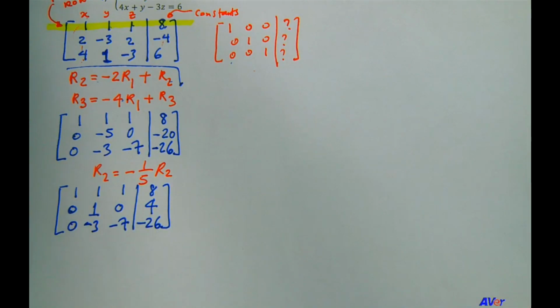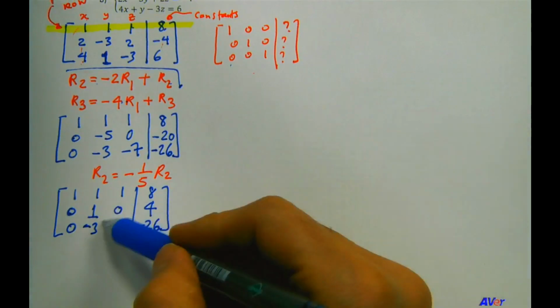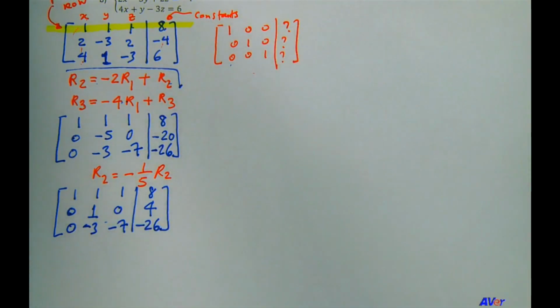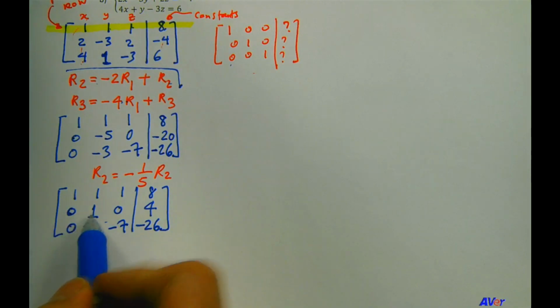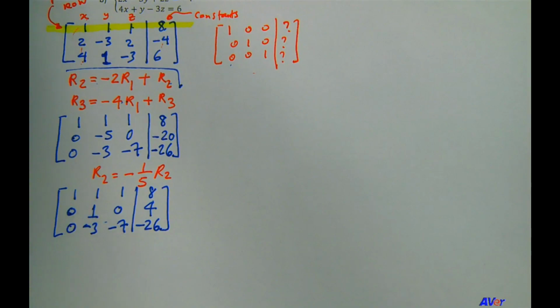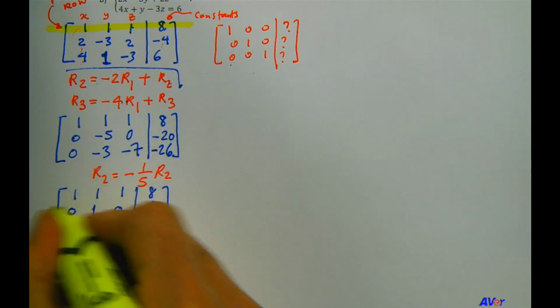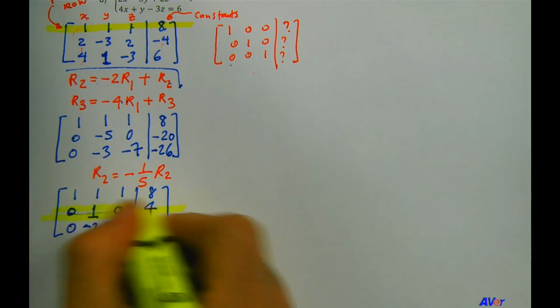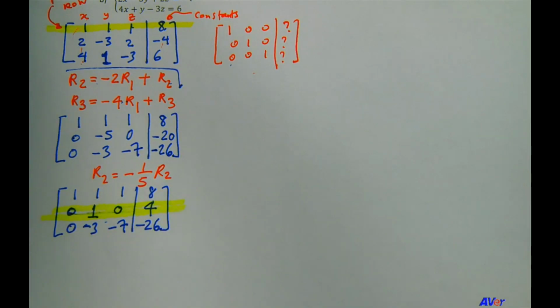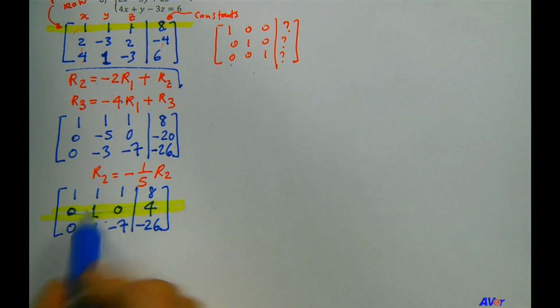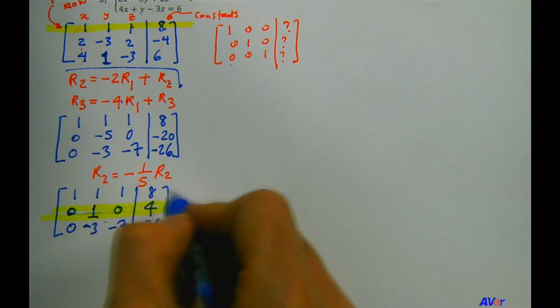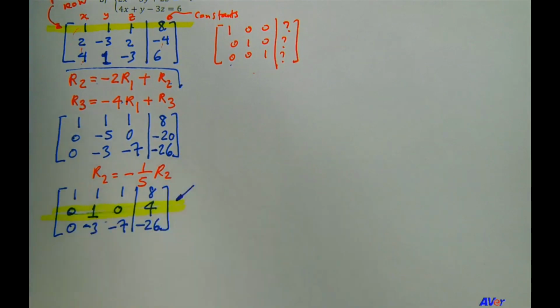All right, so now compare this matrix with that. In the second column, did we obtain the diagonal 1? We did, didn't we? Right there. So as soon as you establish that, then this becomes your pivot row. The row that contains the current pivot element is called the pivot row.